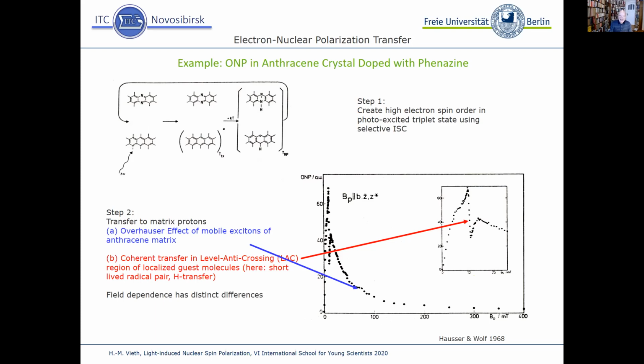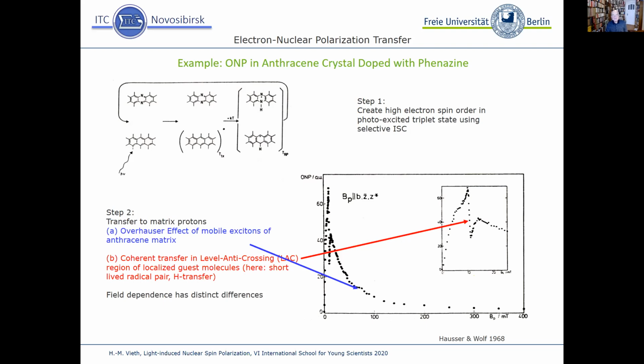the fluctuating interaction. And on top of that, we see a narrow feature shown by the right arrow, which comes from a level anti-crossing of the radical pair, which is formed between the protons of the anthracene and the phenazine.